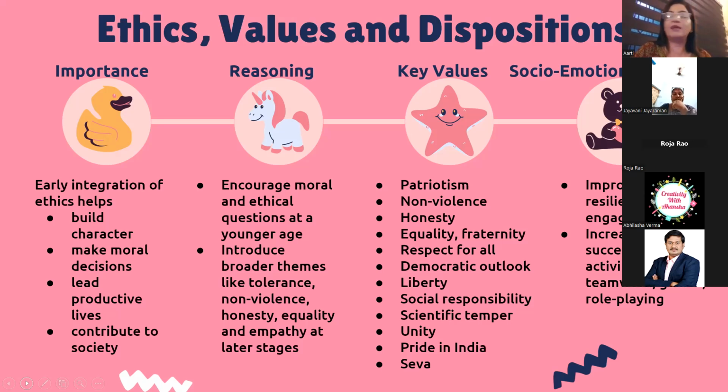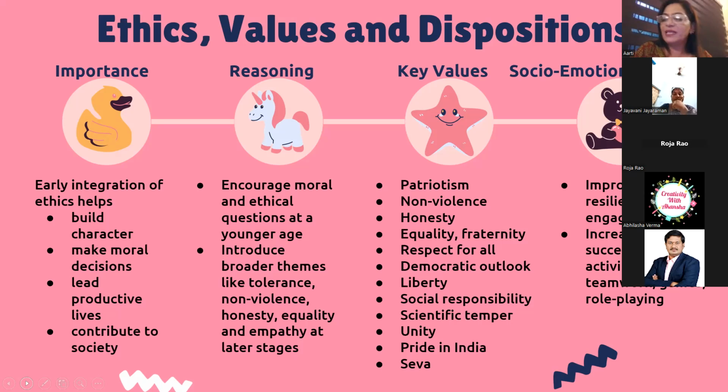If this becomes classroom discussion, definitely it will encourage our students to become conscientious citizens, and we will be able to have ethics and values in children and in their everyday learning.